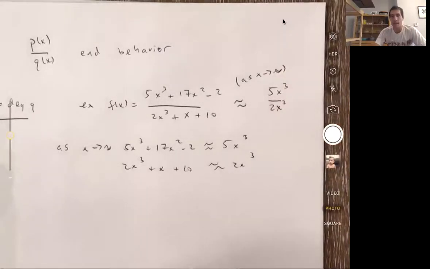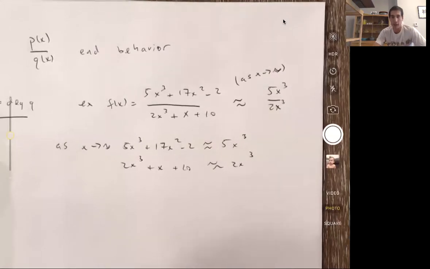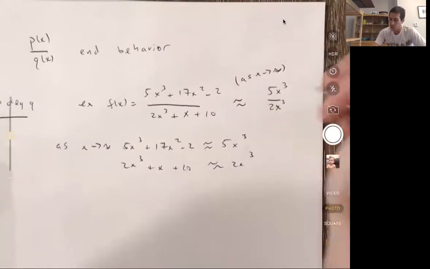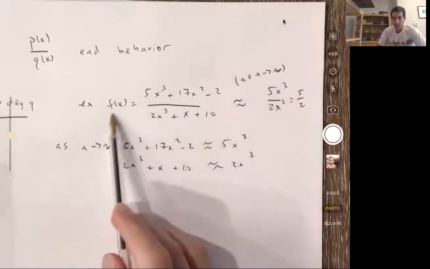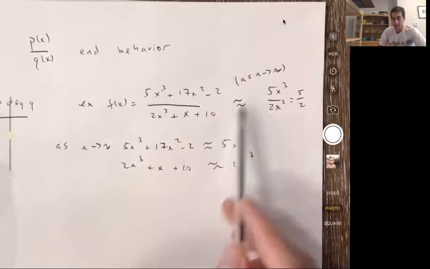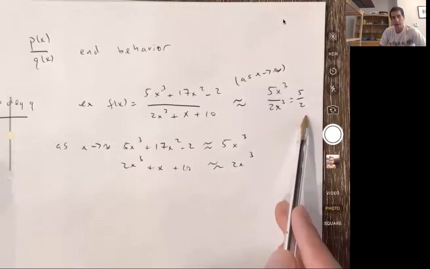And now this function we understand exactly. If x is 0, this function's undefined, but we're thinking about what's happening when x is large anyway. For every other x, this function is just equal to 5/2. So what I'm saying is this function f of x is behaving like 5/2 as x goes to infinity.